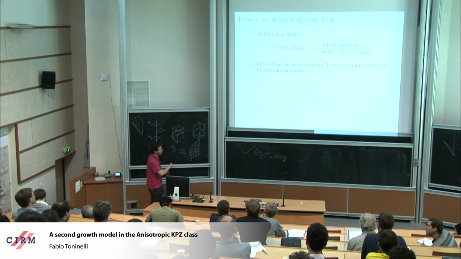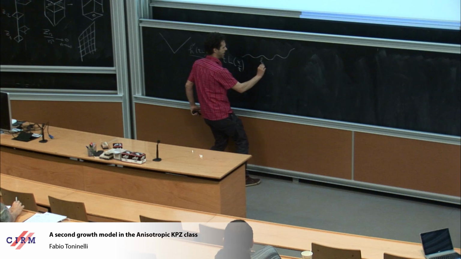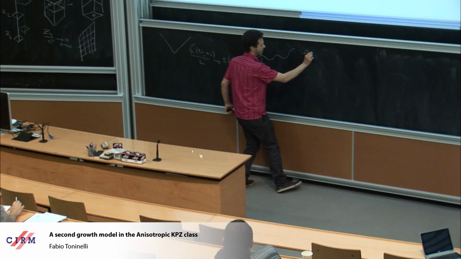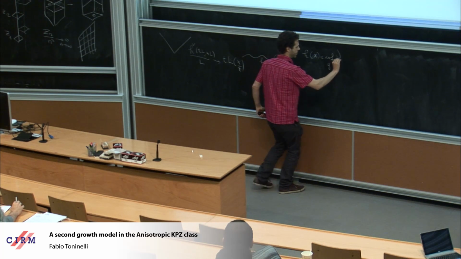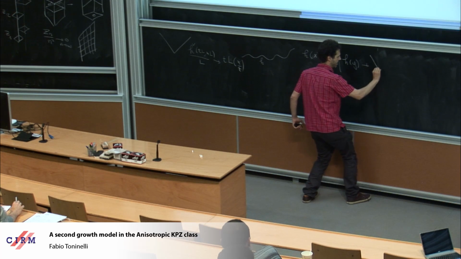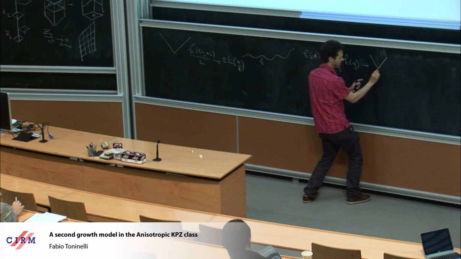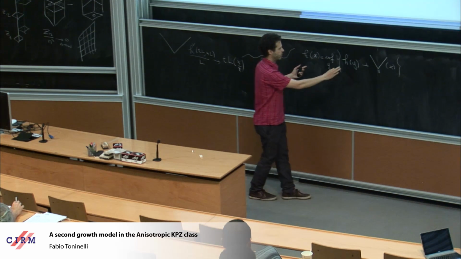And then when you start from another initial profile, some initial profile h, you can write h of x as an infimum over all y of h of y plus this wedge stuff centered at x computed at y. This is something you can always do.